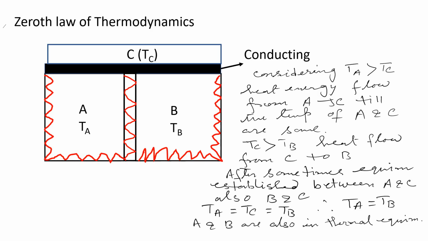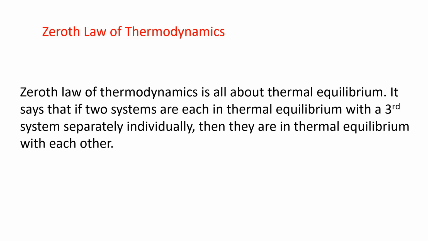Similarly, B and C are also in thermal equilibrium individually. Then A and B are in thermal equilibrium with each other. So if A and C are in thermal equilibrium, and B and C are in thermal equilibrium, then A and B are also in thermal equilibrium.